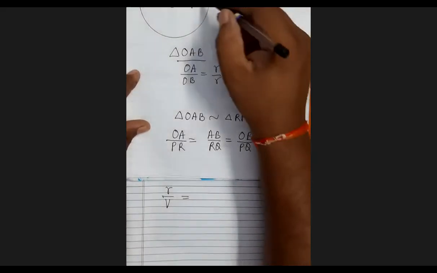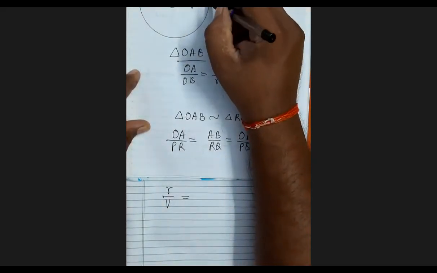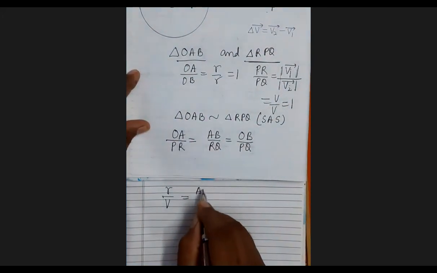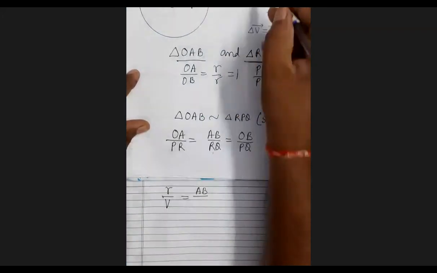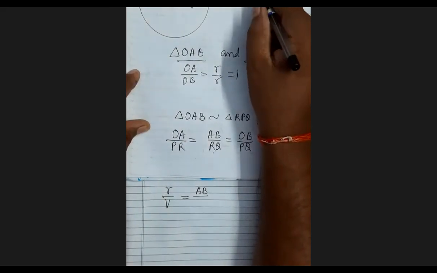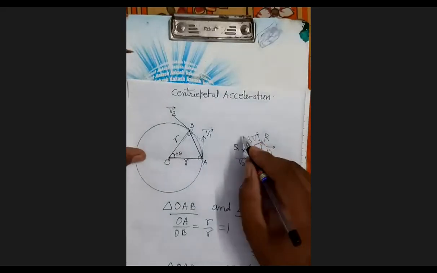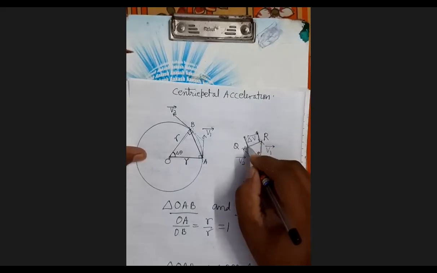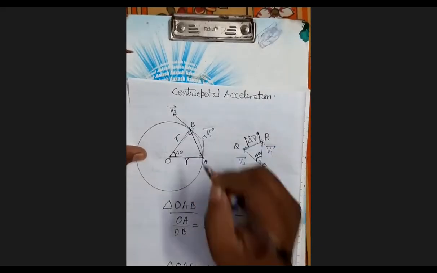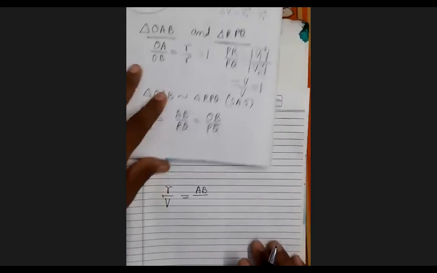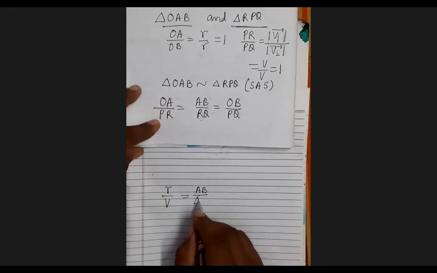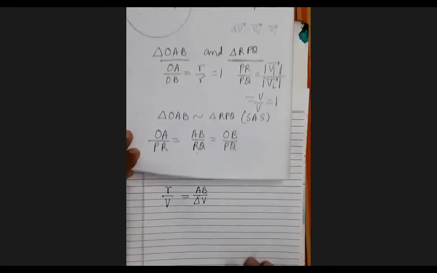AB is AB. You just write AB upon RQ. RQ is the modulus of the vector delta V. Modulus of delta V you can write simply as delta V.